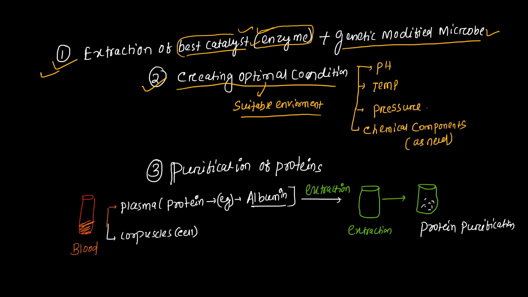When you are producing different types of enzymes or proteins, you need to maintain proper pH, proper temperature, proper pressure, and proper chemical components, not more or less than required, providing suitable conditions.